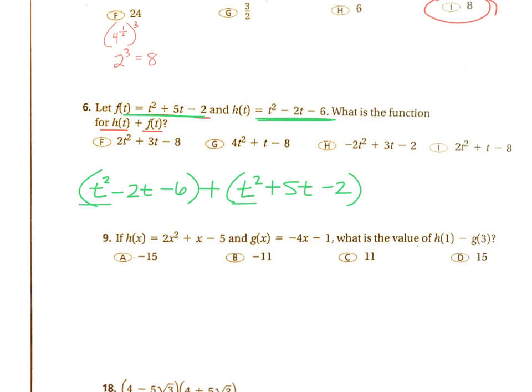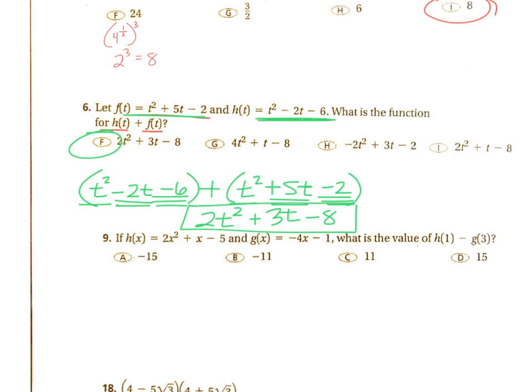So t squared plus t squared would be 2t squared. Negative 2t plus a positive 5t is going to be plus 3t. And then negative 6 plus negative 2 is going to be a negative 8. So your answer looks like that, and that was letter F.